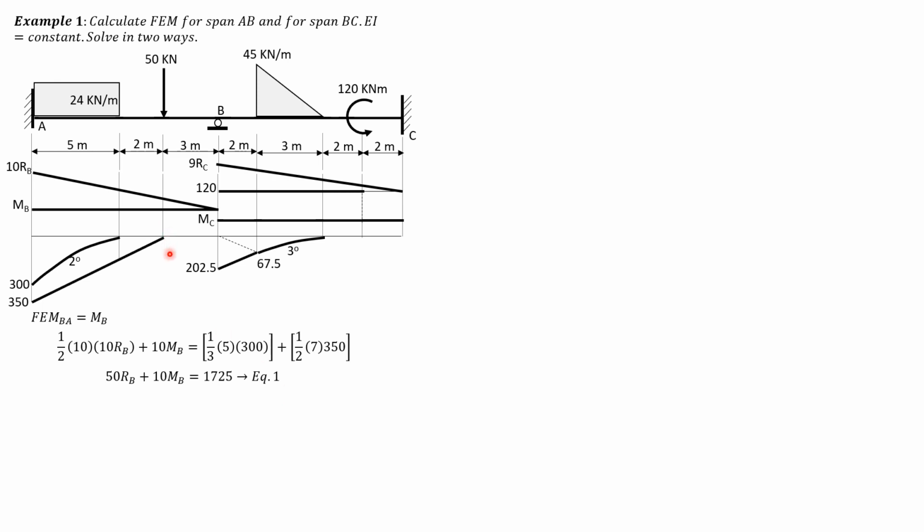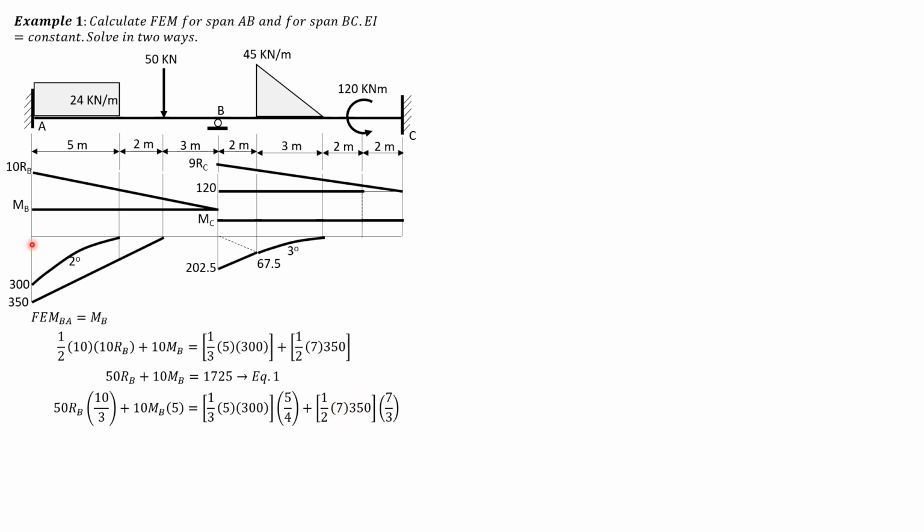Then for EI deviation of A relative to the tangent of B, remember B is fixed, so we just incorporate the moment arms. So 50 RB times 10/3 plus 10 MB times 5 equals 1/2 of 5 times 300 times 5/4, which stands for second degree, plus 1/2 of 7 times 350.